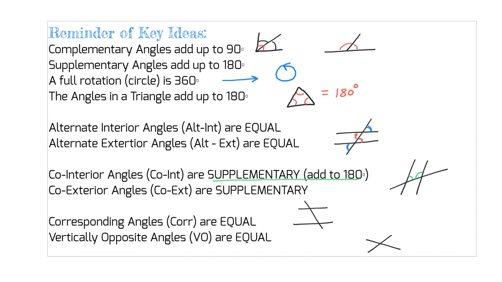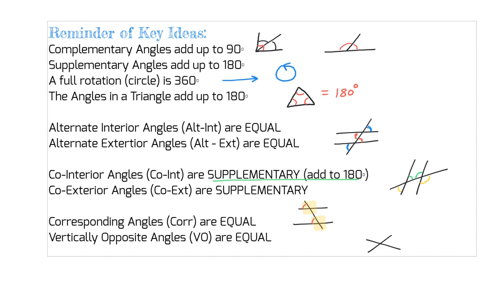Same with co-exterior angles on the outside, but the same side of the transversal, which are also supplementary. And lastly, we talked about corresponding angles and vertically opposite angles. Corresponding angles is where we're comparing the top four angles with the bottom four angles, and the ones that are in the same position are going to be the same size.